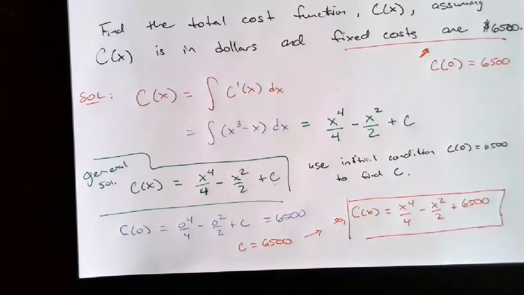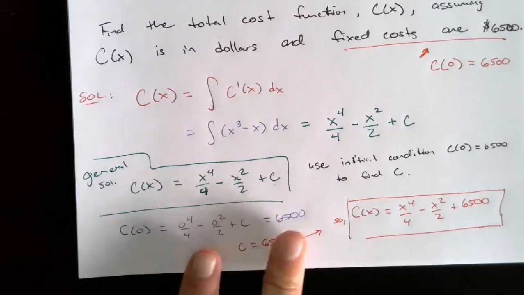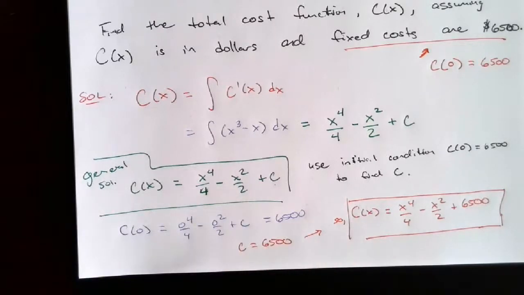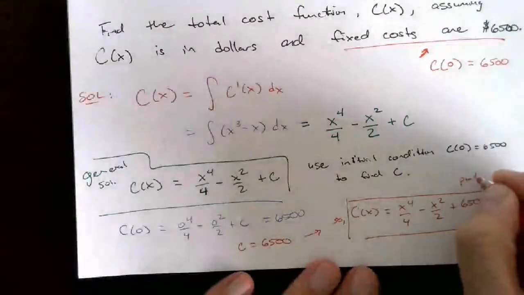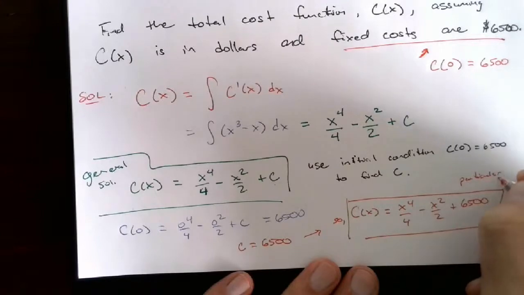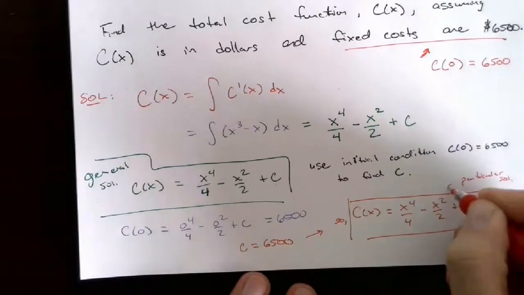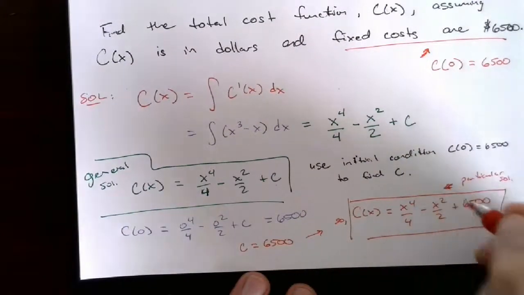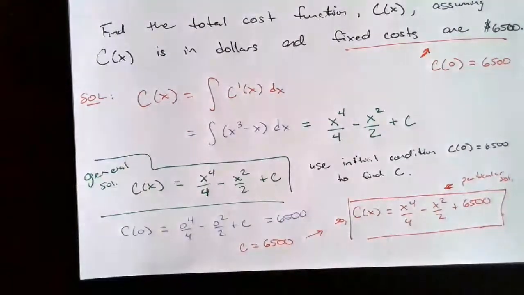If they told you fixed costs were a different amount, then you would have a different value for c. They also could have told you the cost to sell 2 items was a different number. Then you could use that in here, and you would just have to solve that for c that way. So this is the particular solution, and this is the one that we really want in this case. The particular solution is when they give you an initial condition, it helps you find what c is.